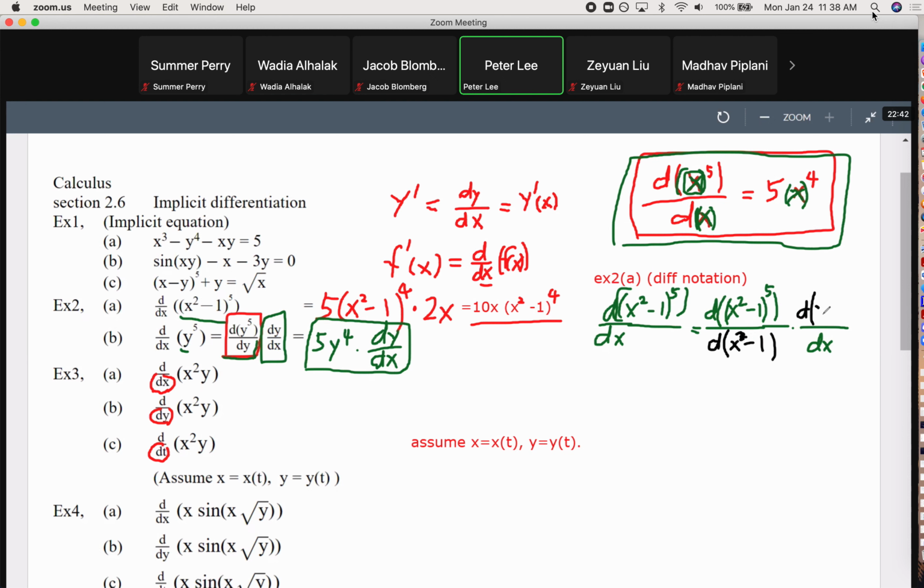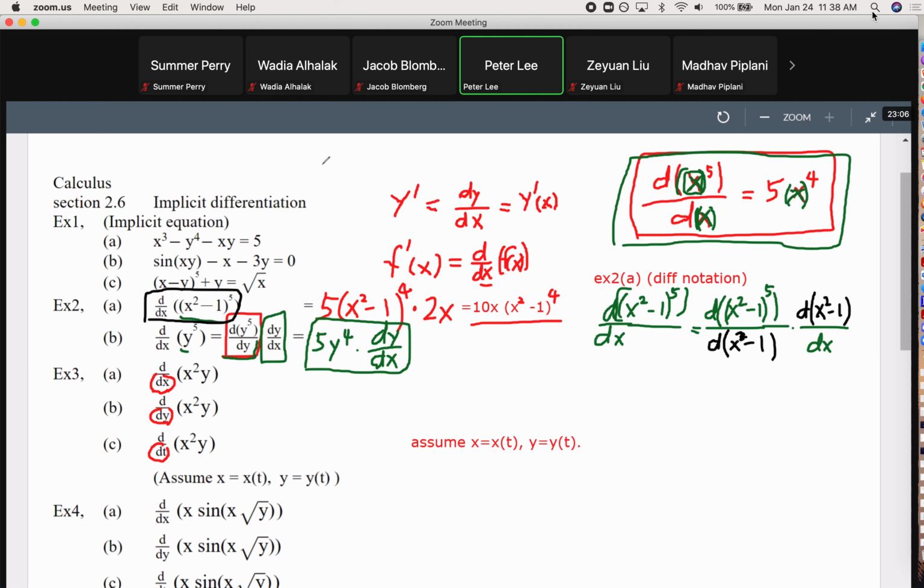So once again, this guy is the chain rule. When you take the derivative of this guy here and apply the chain rule, you can let this x squared minus 1 be w. Then you have dw. Anyway, you can write it like this. This is another way to write it.